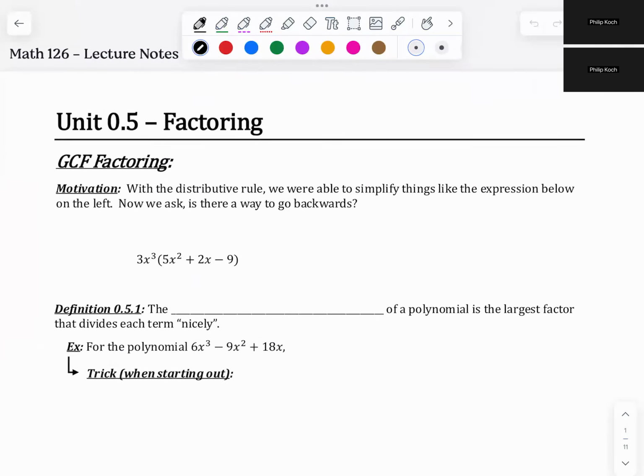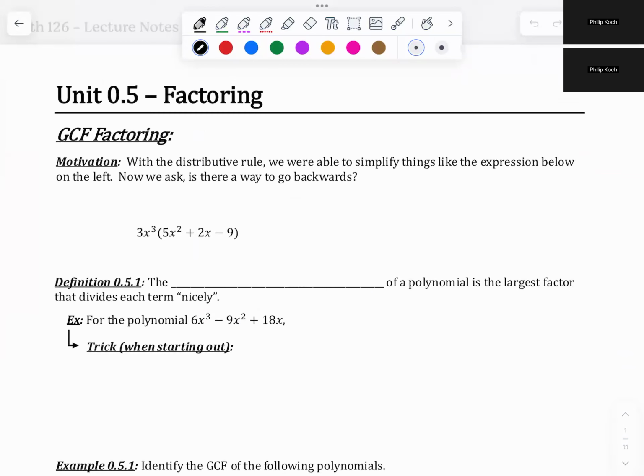So the way to start off with factoring is to talk about GCF factoring. As we saw with the distributive rule, we were able to simplify expressions by taking the terms and going through them all. So take the 3x squared, distribute it in, and through distribution you'll get 15x to the fifth plus 6x to the fourth minus 27x cubed.